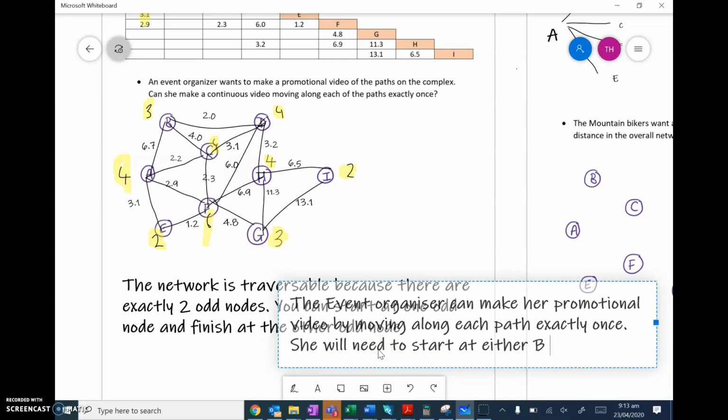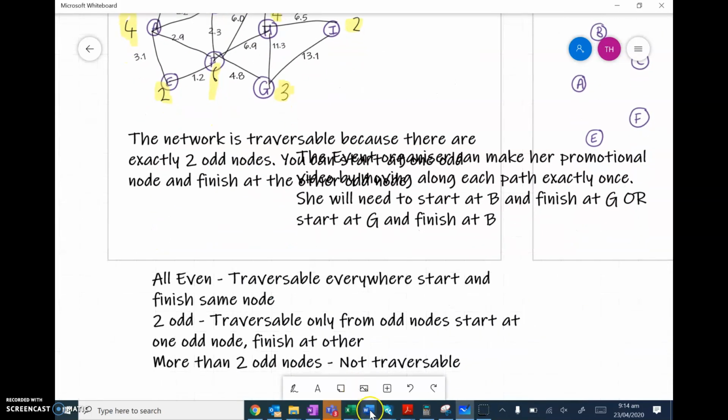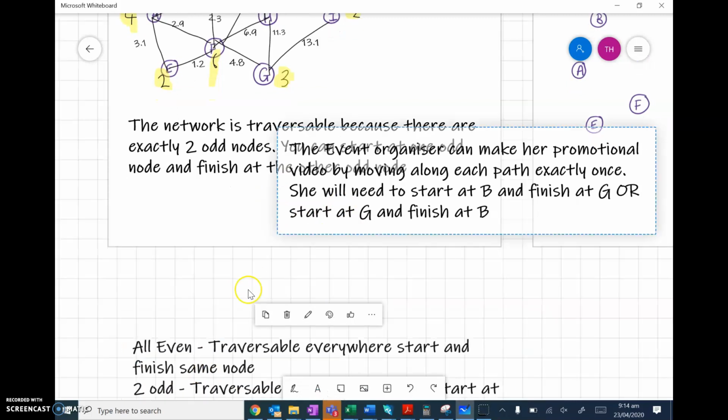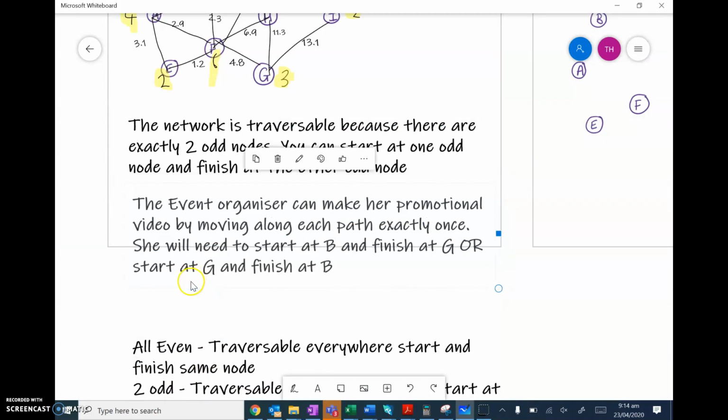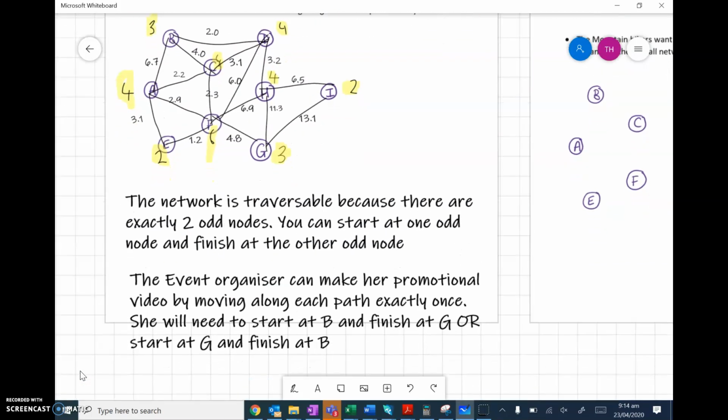So she'll start at B and finish at G, or start at G and finish at B. So you relate it to your situation, and then you're done. You don't actually have to show the path. That's all you need to do for that question.